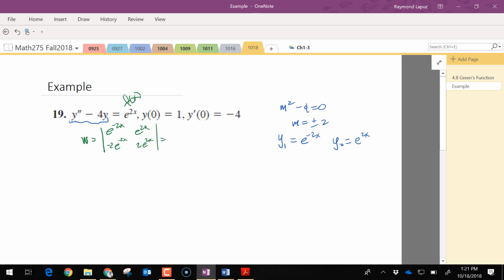So when we multiply it, e to the negative 2x times e to the positive 2x is what? E to the 0, which is 1. So I have a 2 minus negative 2, and it just turned out to be 4. Okay? So that's always nice when we have a constant Wronskian.